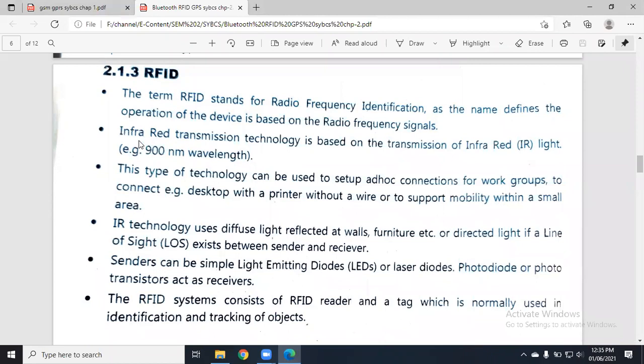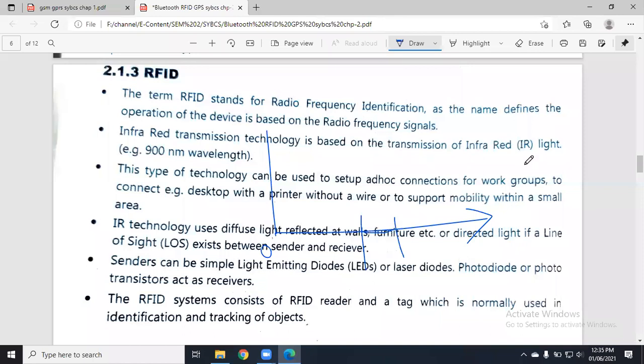What is IR? We know on the frequency spectrum there are multiple frequencies present, correct? So this is your frequency spectrum, with zero frequency, 1 hertz, 10 hertz, 100 hertz, 1 kilohertz, 1 megahertz. All different types of frequencies are present on the frequency axis. That frequency band is called the electromagnetic spectrum, and over that electromagnetic spectrum there is a band of frequencies whose wavelength is about 900 nanometer.